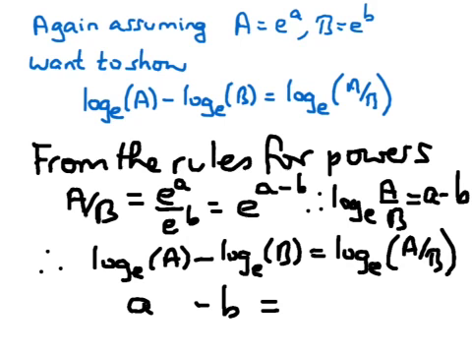So we have a minus b, but we have just shown that the logarithm of A over B is little a minus little b. So we have proven the rule. So that is the second rule for logarithms which we have been able to show.